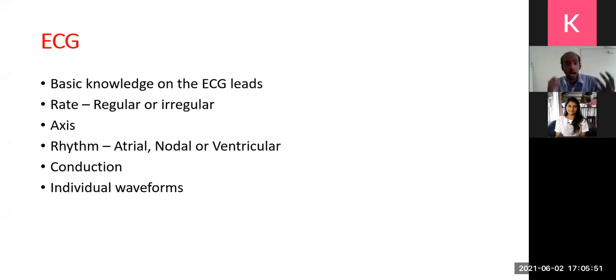So what is the cardiac axis at the moment? We will talk about this in more detail as we go on. The third important thing when you're looking at ECG is to define the cardiac rhythm. What you mean by rhythm here is slightly different from rhythm in a pulse, for example.